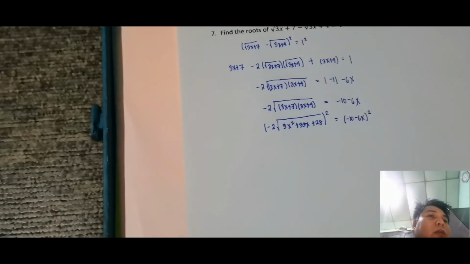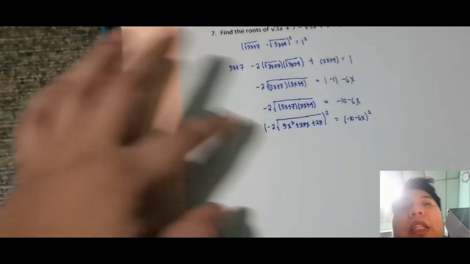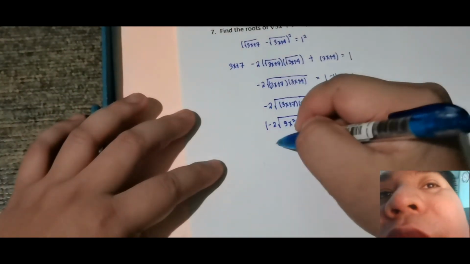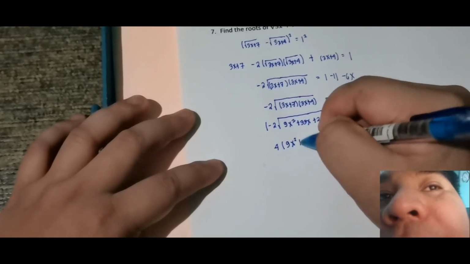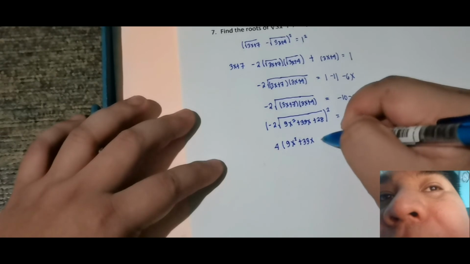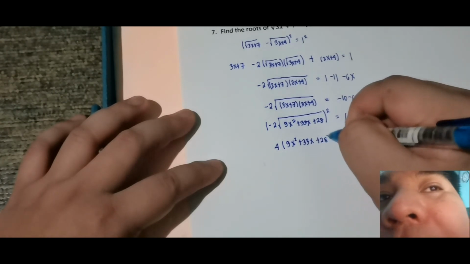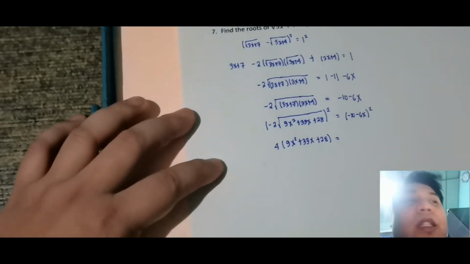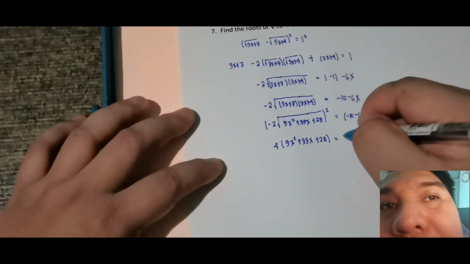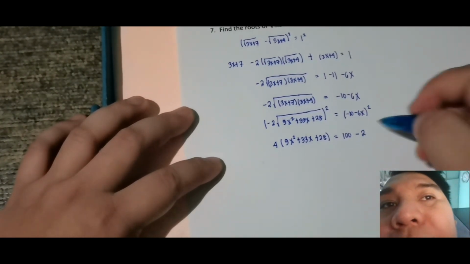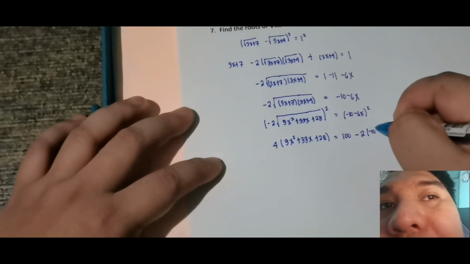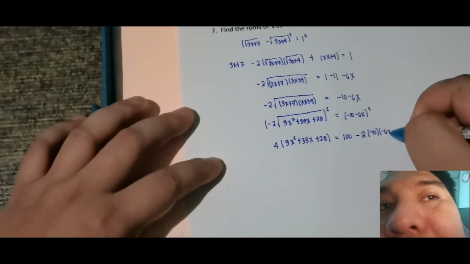Okay, so hoping na tumama na to pag in-square. Negative 2 squared is 4. So this is 4 multiplied by 9x squared plus 33x plus 28 equals negative 10 times negative 10 is 100. Okay, minus 2 times negative 10 times negative 6x.